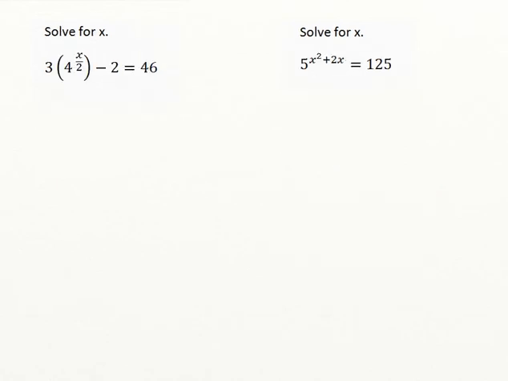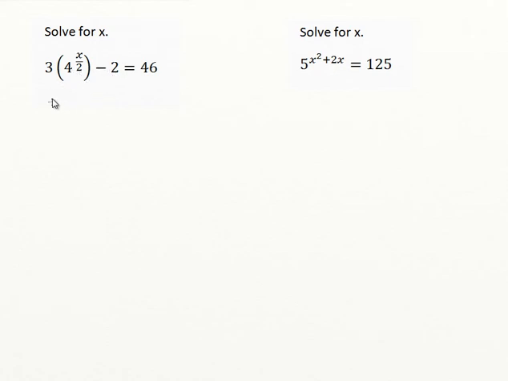Okay, in these 2 examples, on the one on the left, we have just a single term that contains the unknown variable x in the exponent. But you can see that it is not all by itself on one side. That is, we have it being multiplied by 3, 2 is being subtracted.